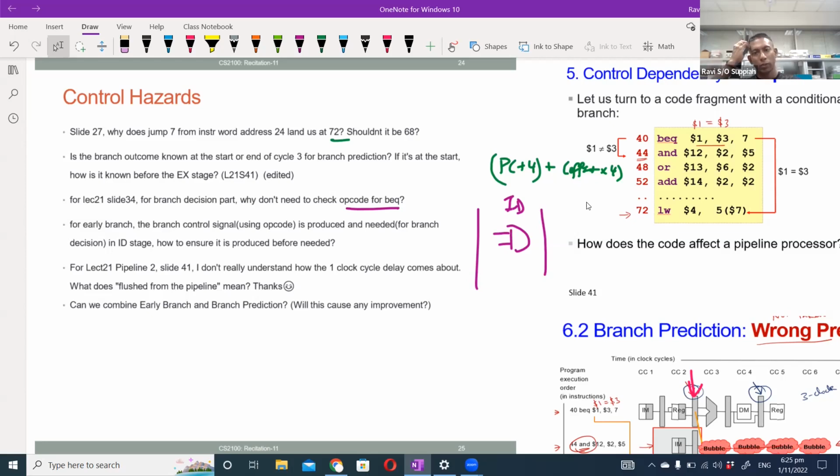What we showed you there is just the idea only, correct? There is additional hardware to also check the control signal to make sure that we are making the branch prediction only for the branch instruction.